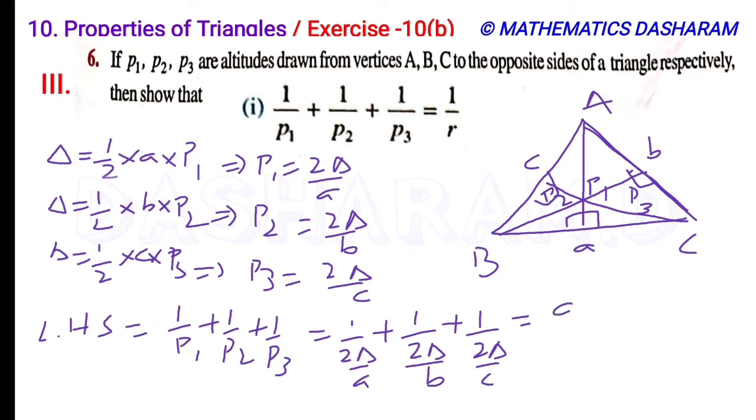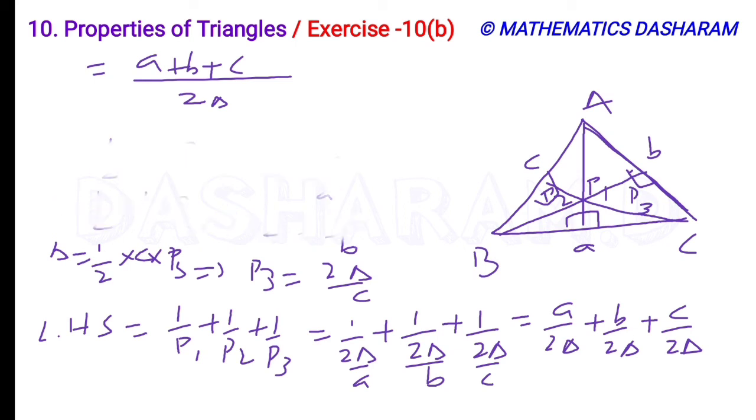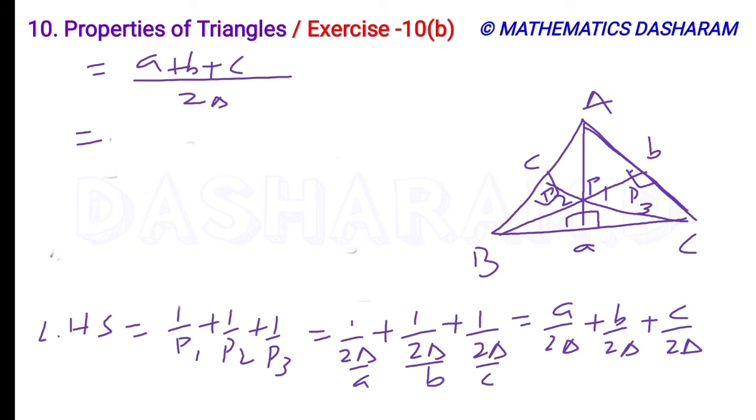So it equals a by 2 delta plus b by 2 delta plus c by 2 delta. Here all denominators are the same, so add the numerators: a plus b plus c. For a plus b plus c we have the s formula: s equals a plus b plus c divided by 2, so 2s is a plus b plus c.